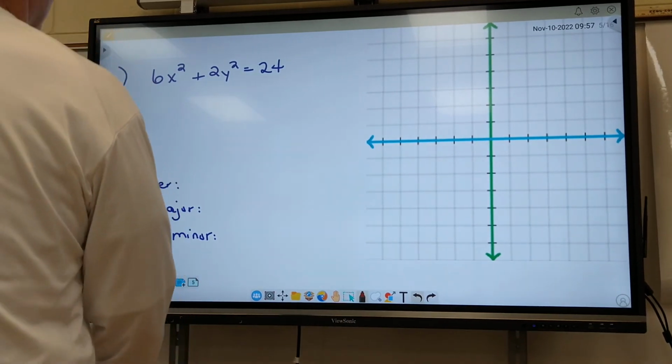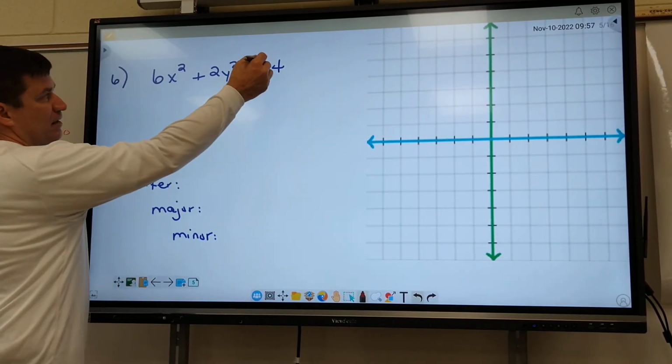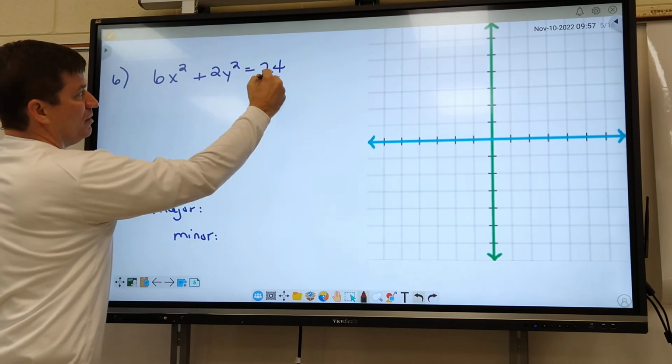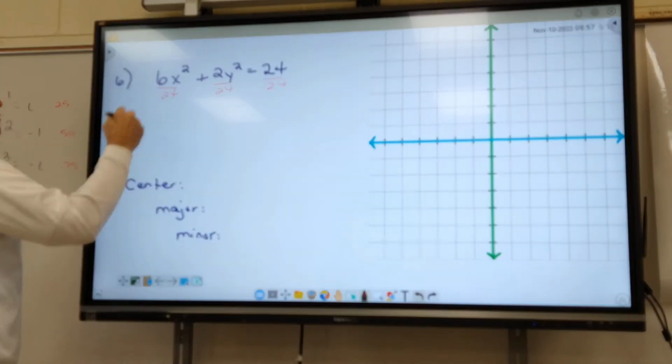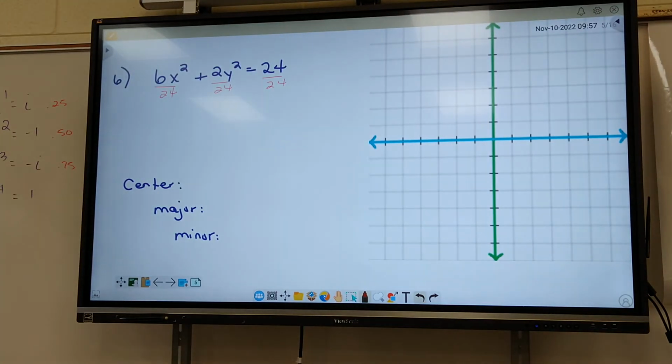This is where you're going to have to make them equal 1. So Hannah, if it's got any number down here besides 1, you just divide everything by that number. So we'll divide everything by 24 on this one to get it in standard form.